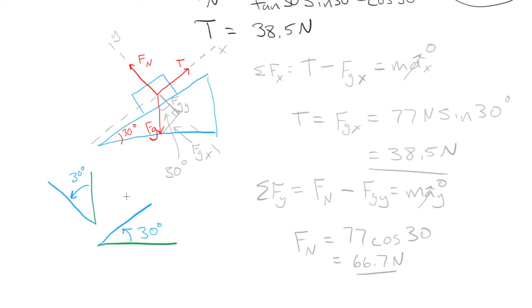So here my original y-axis, if I draw it like this, was straight up. If I rotate 30 degrees, I get my new y-axis. I know this is my new y-axis, I know this is my original axis, so this must be 30 degrees. All right? And I did the same thing on the bottom here. This was my original y-axis, straight down.